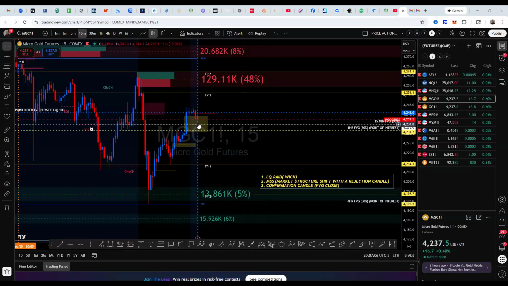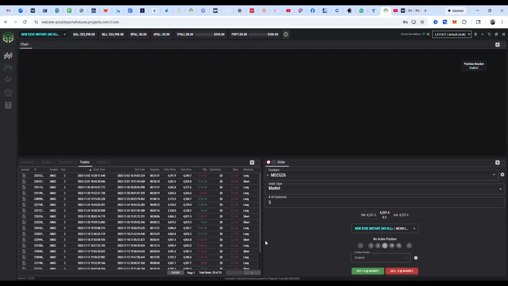This might be a manipulation wick, but I want to see this get invalidated before I even consider selling down to here. But if this gets manipulated, we get a fair value gap close, and I'm going to try to take it up to this TP or maybe up to here. I'll log it to my Top One Futures account, and then we'll see what happens.